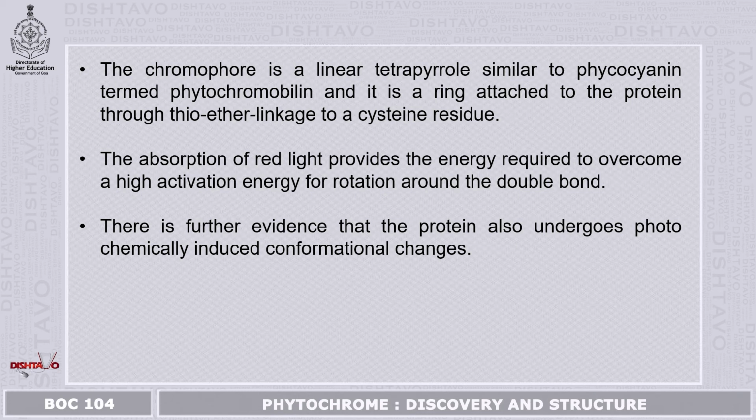The absorption of red light provides the energy required to overcome a high activation energy for rotation around the double bond. There is further evidence that the protein also undergoes photochemically induced conformational changes.